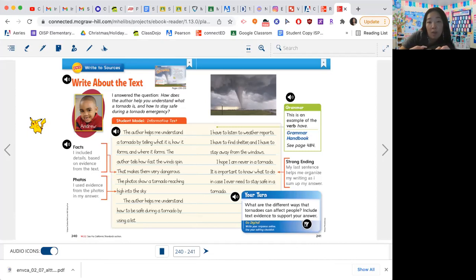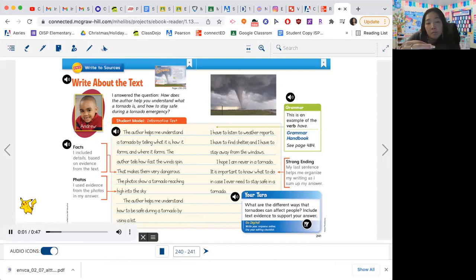He used evidence from the photos in his answers. So by looking at the photos that were in the story, and he uses the correct grammar. So his sentences all make sense. And then he also has a strong ending. His last sentence helps him organize his writing as he sums up his answer. So let's go ahead and read it.